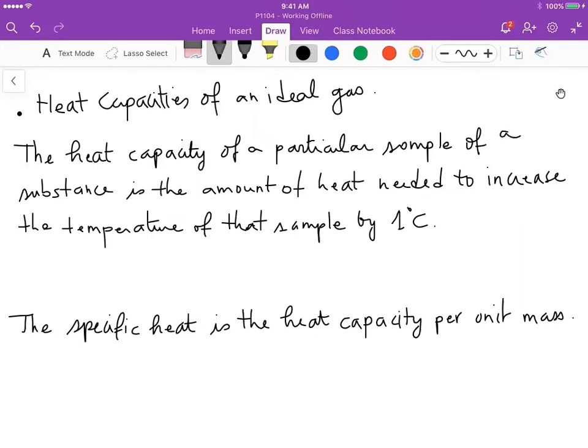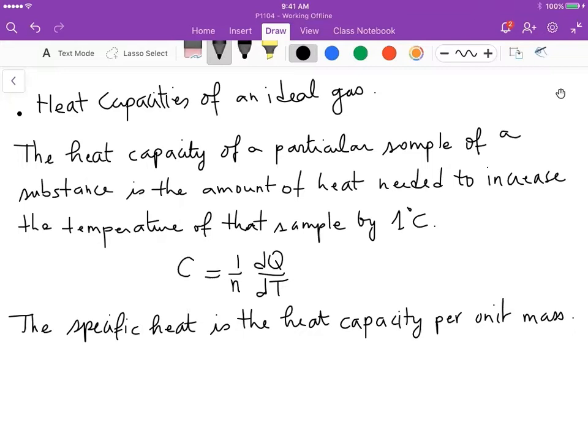So we define the heat capacity as capital C equal to 1 over n times dQ over dT, where dQ is the amount of heat needed to raise the temperature of this substance by the infinitesimal amount dT. Another quantity of interest is the specific heat.